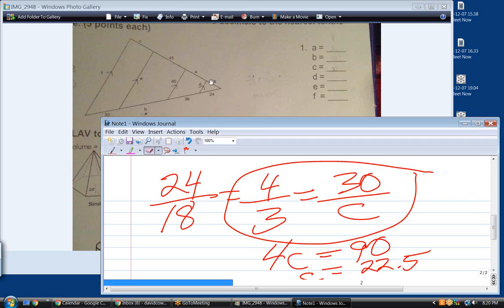We want to compare this side of the little triangle to the same side of the big triangle. What's the big side of that triangle? What number is that? It's 45 plus 27 plus 18. That's 90.